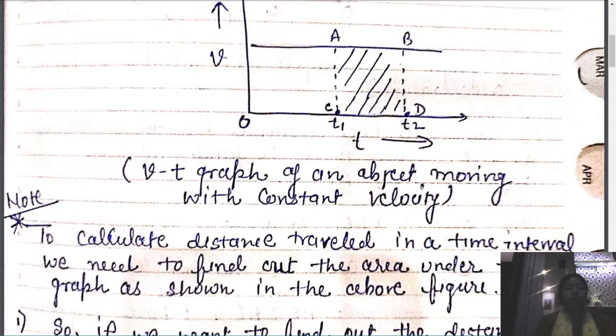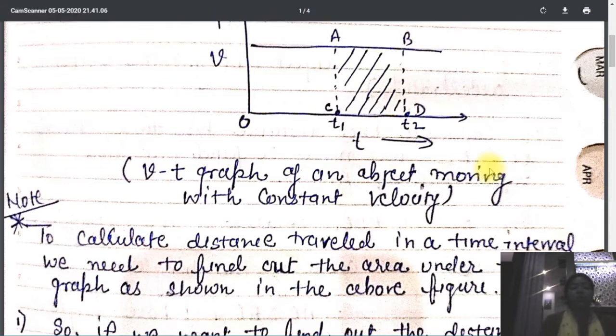But if we don't want the total distance traveled during the whole journey, and we want the distance traveled in a particular interval of time, then we will enclose only that much of the area under the graph, instead of the total area.